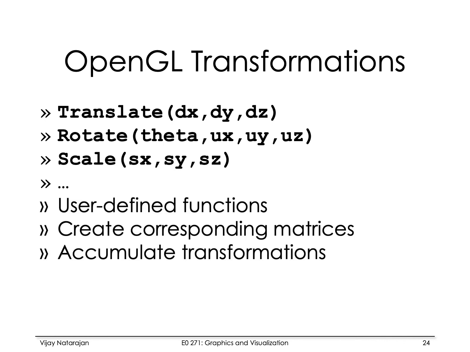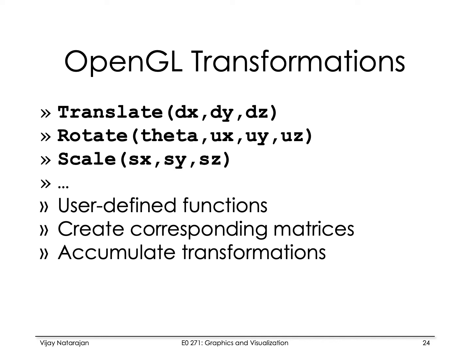These are defined by you. You may want to design these functions and implement them such that they create the corresponding transformation matrices, and then you can accumulate these transformations. This is completely up to you, left to the user for implementation.